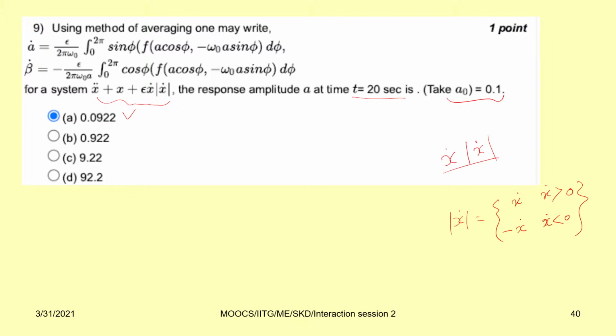Even if you are not taking 0.1, you can increase the time and see that you reach a steady state. The value will be constant, 0.0922, but in this case we have taken the initial condition A0 equal to 0.1.